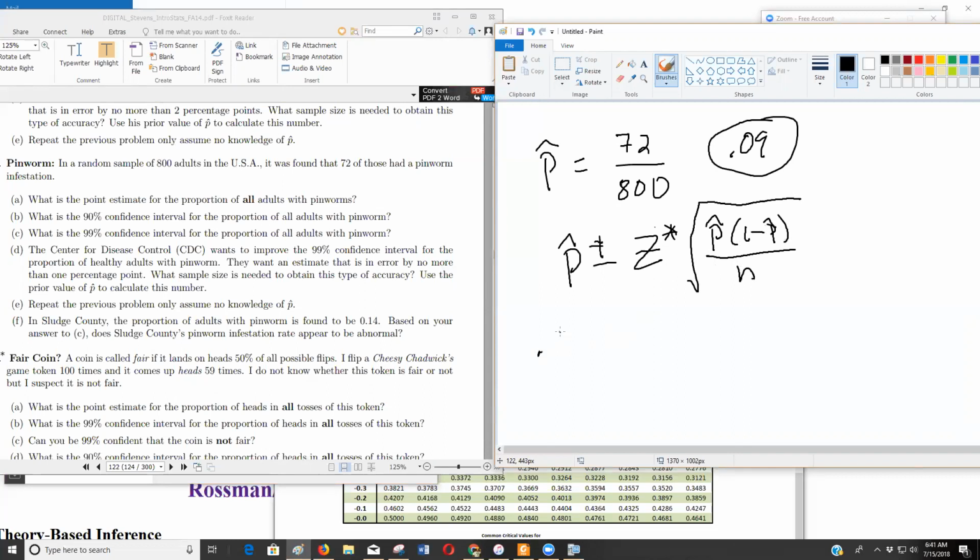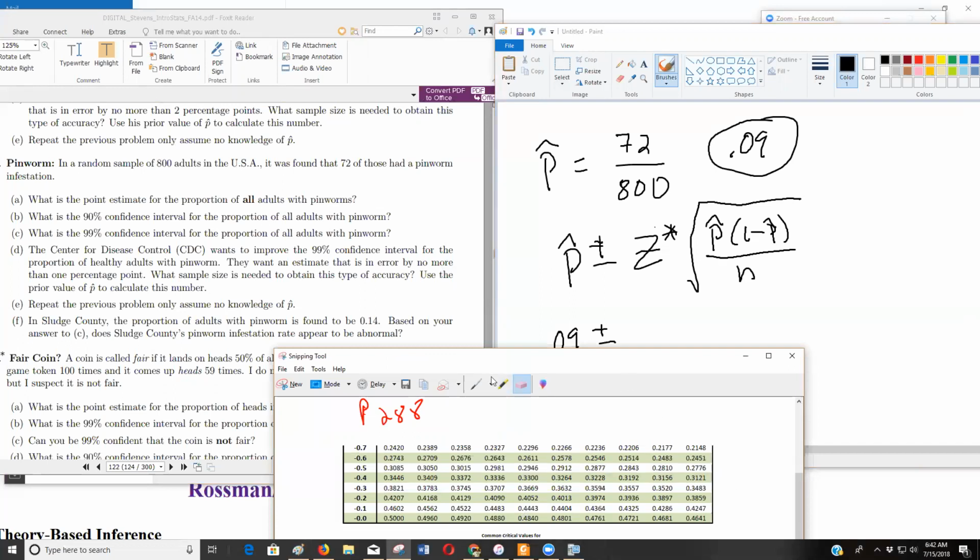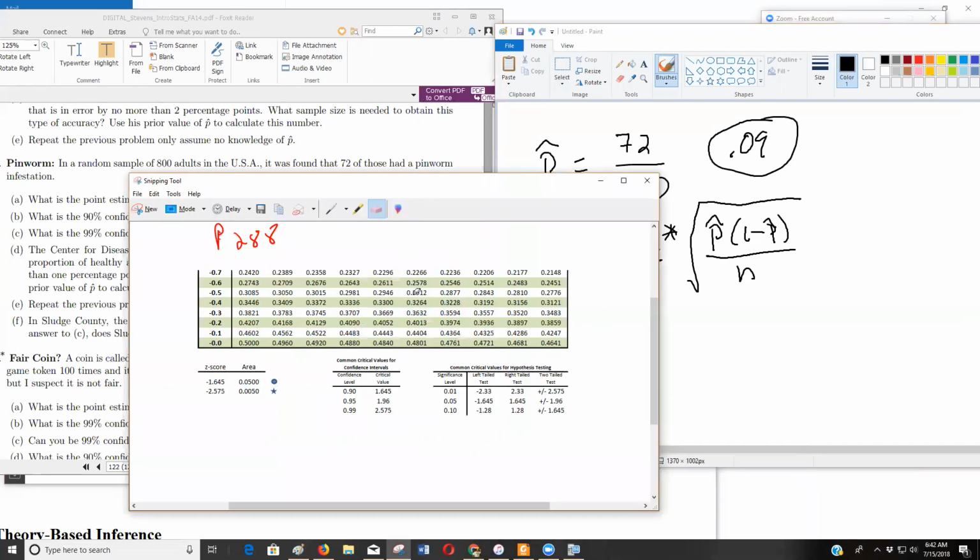Well, we know p hat is 0.09. We know the z star number is, well, if you look in your textbook on page 288, there's that big normal curve table. And what Dr. Stevens has done for us very nicely is he's broken out some of these z-scores already.